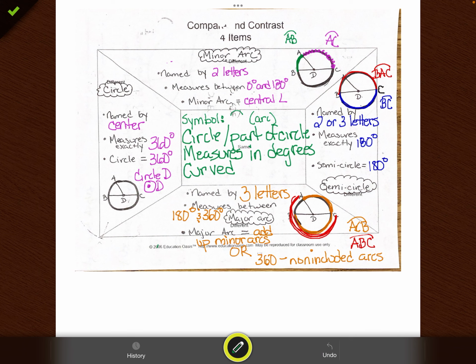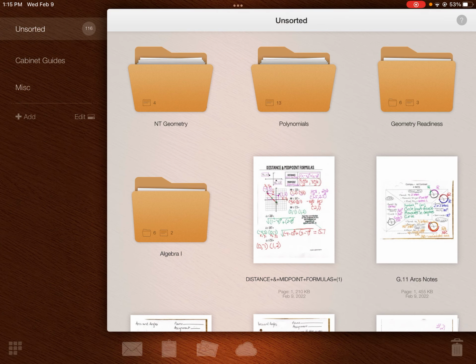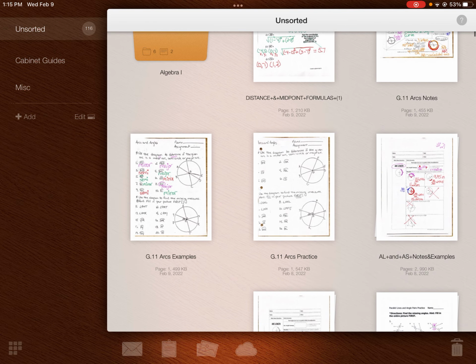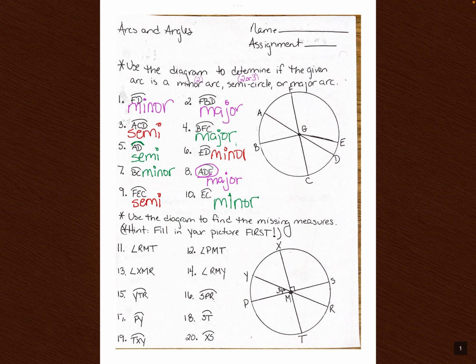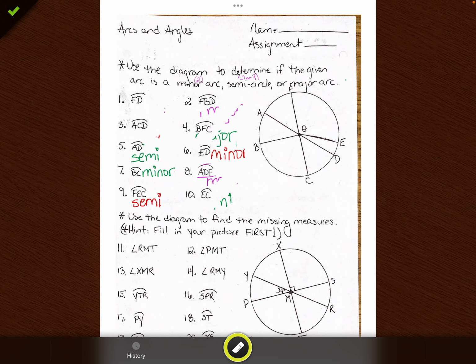Now, let's look at some examples that go with that so that you can see what we're going to ask you to do with this today. So this is the next thing that we're going to look at. Basically they're going to give you names and they're asking you to look at a picture and come up with minor, major, or semi.